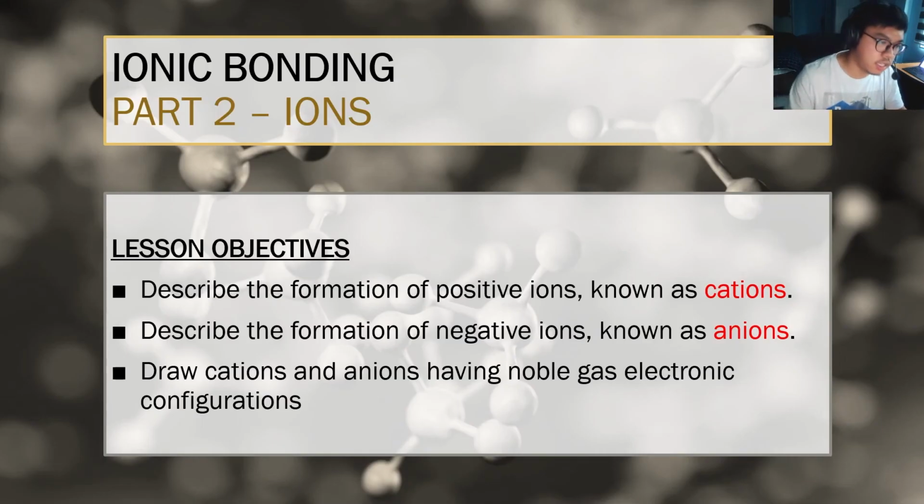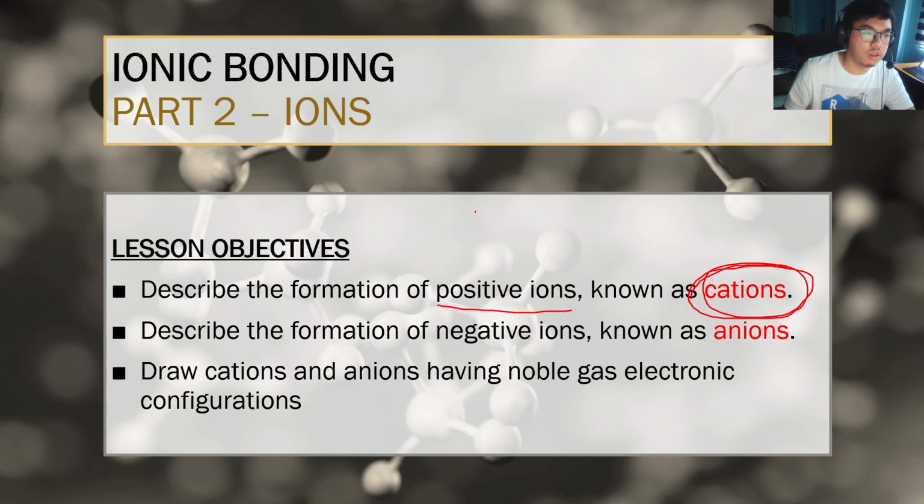All right, so to end this lesson, let me just summarize again the 3 things that you learned. Firstly, one of the ways for atoms to become compounds is through this method called ionic bonding. Secondly, in ionic bonding, the atoms need to become ions, and you know that positive ions are known as cations. And also, you know that in order for atoms to become positive ions, they have to lose electrons.